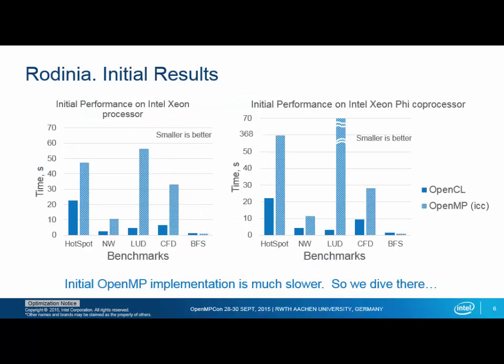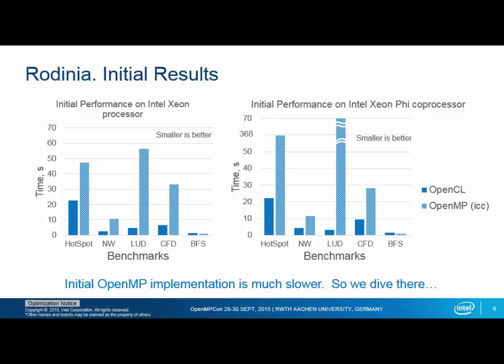And here are the initial results that we captured from the Xeon and Xeon Phi. Our first step was to port the OpenMP version to offload mode. We extended the code with target pragmas and captured initial performance data on Intel Xeon Phi. We see that in mostly all cases, there is a gap between these two programming models, and in all cases, OpenCL is better.